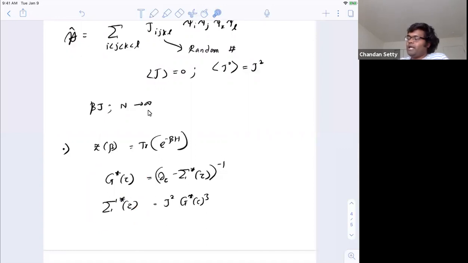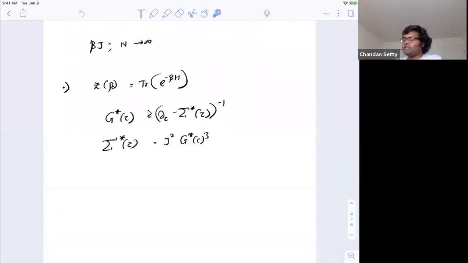From that, you can calculate any number of thermodynamic properties like the partition function, the free energy, entropy and so on. At this point, I will just give you the final results of this entire calculation in the SYK model.